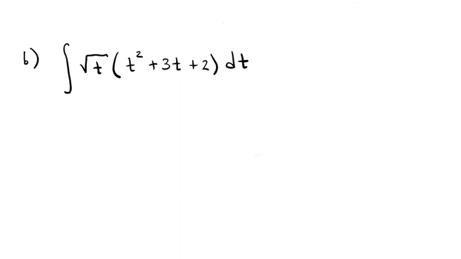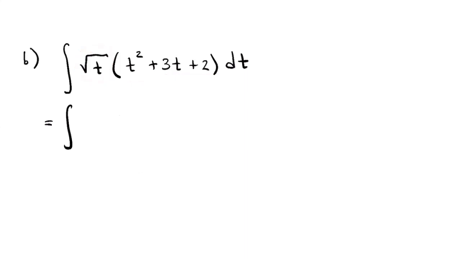Let's try another one. This is basically the same kind of idea, power rule, but we have to do some algebraic simplification to this thing. I have to take this t to the 1/2 power and multiply it through there before I can use the power rule. So I'm going to do that. T to the 1/2 times other powers of t, you add the exponents.